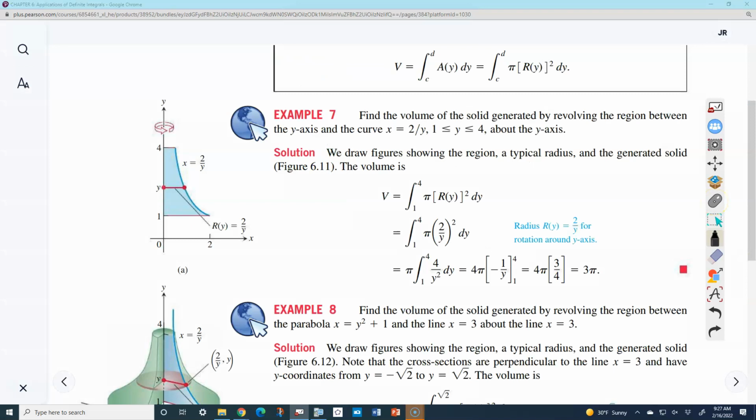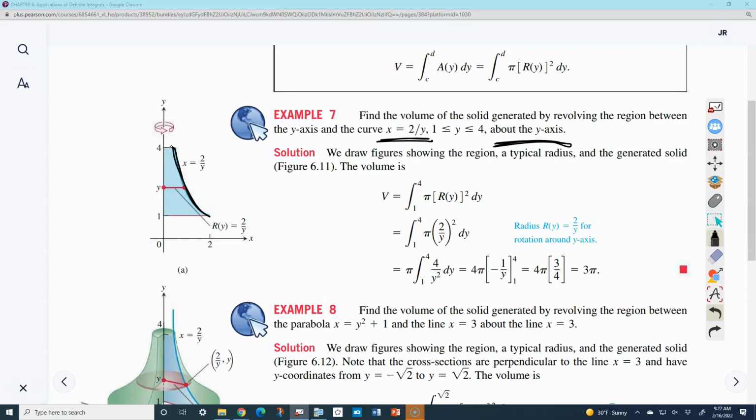Okay, so it says find the volume of the solid generated by revolving the region between the y-axis and the curve x equals 2 over y. So look, my equation is given by x equals something in terms of y instead of y equals something in terms of x. And we're revolving it about the y-axis. So we got this curve right here, and that curve is x equals 2 over y.